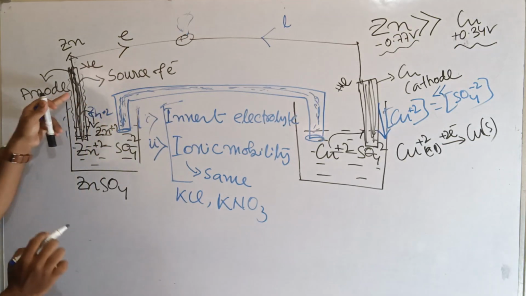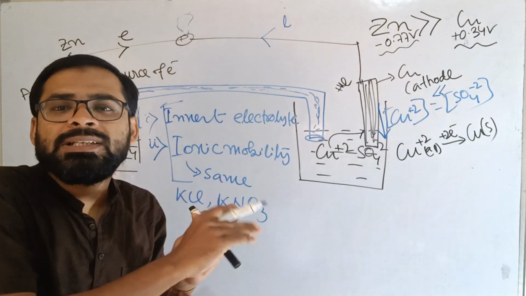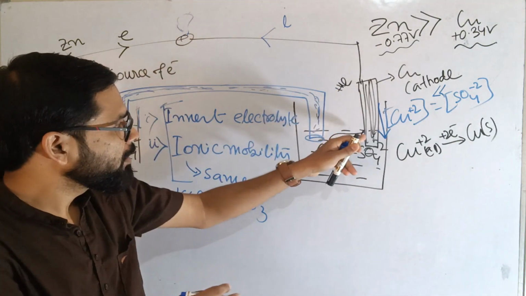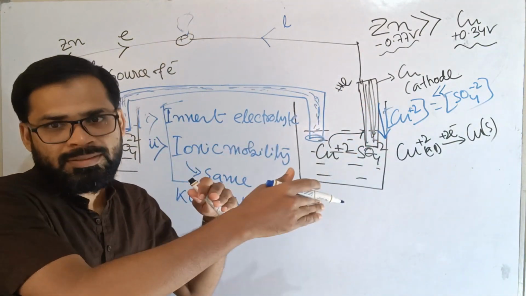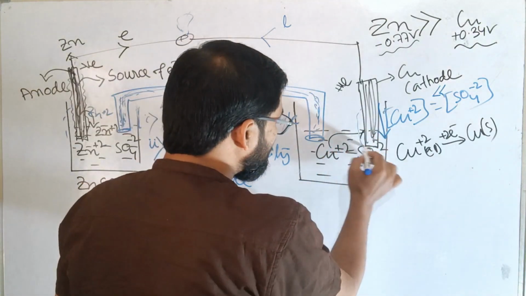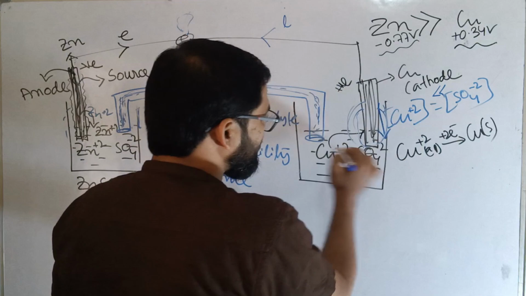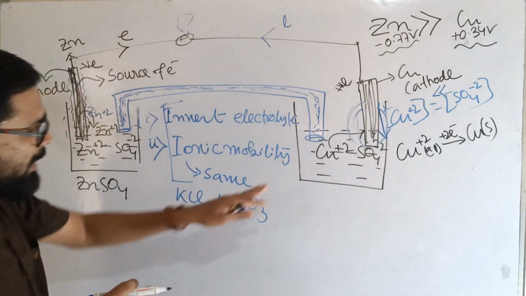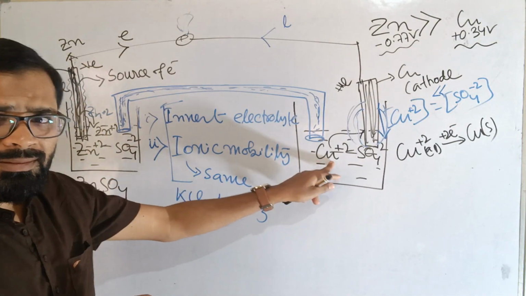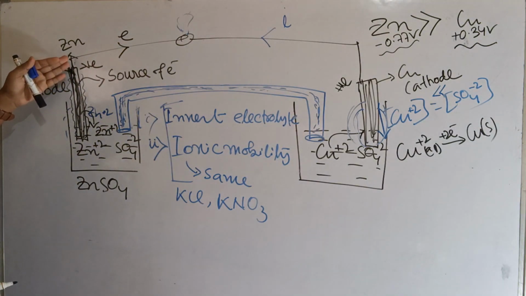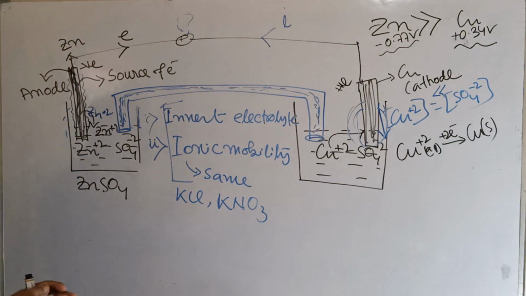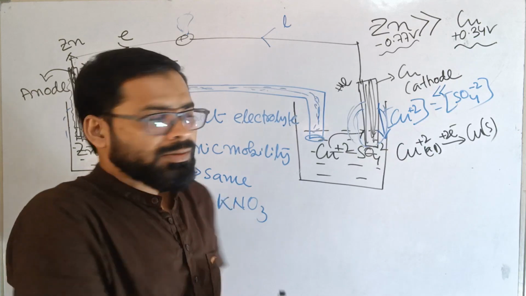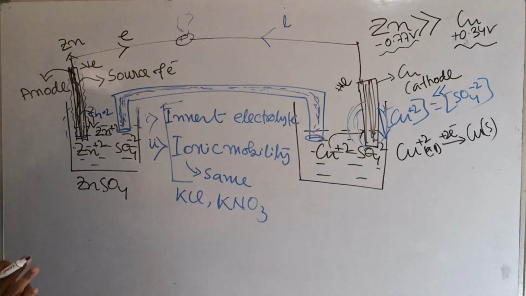It means with time the anode goes from thin to thinner, and at the same time the cathode goes from thick to thicker, gaining weight. When there is no Cu+2 in the solution and no zinc in the electrode, at that time the reaction stops. So this is the story of the galvanic cell.